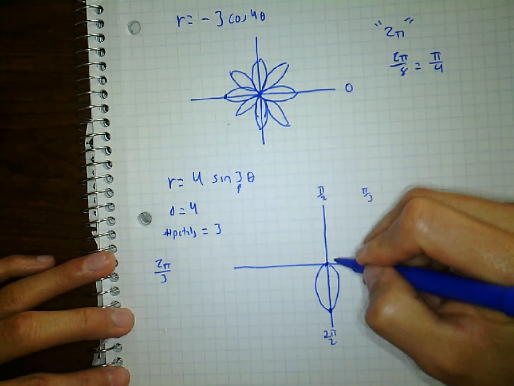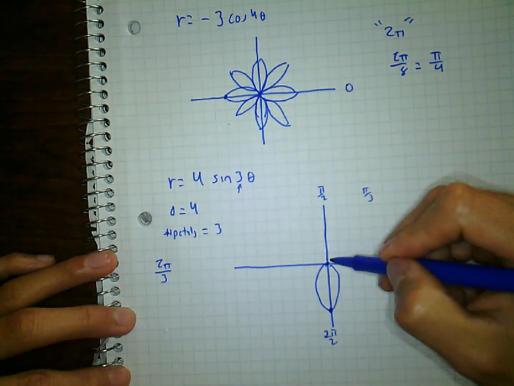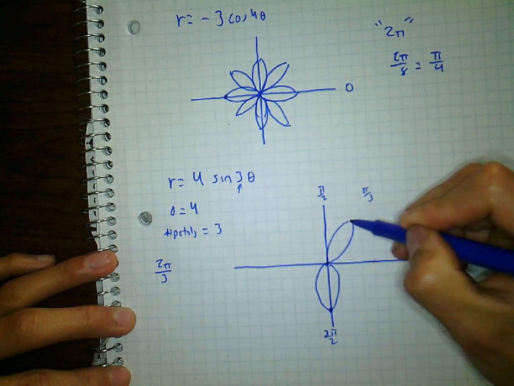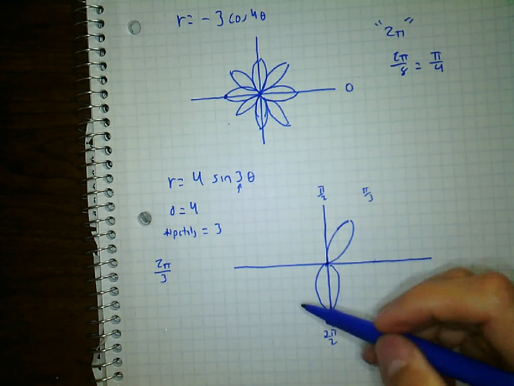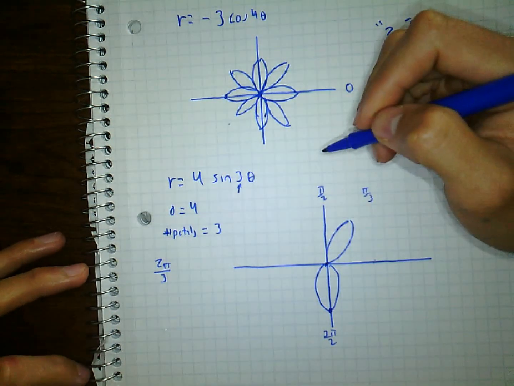So I'm going to do my best here. What was the length of it? It was 4, right? So 1, 2, 3, 4. I'm going to take a guess, about right there.